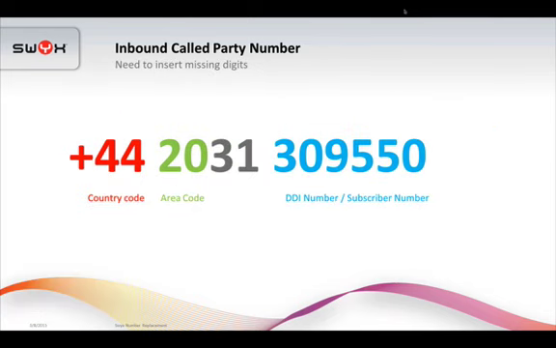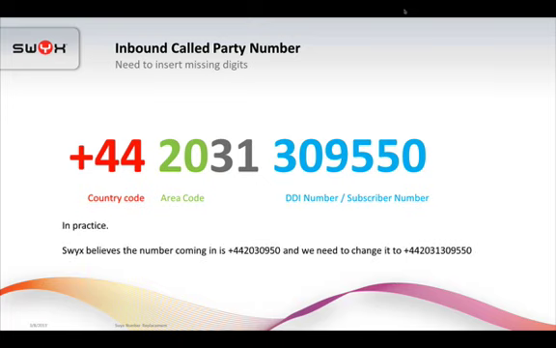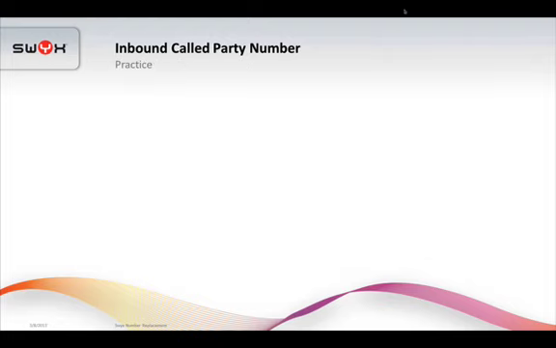We have to insert the missing 2 digits. That 31 has to be inserted, because what Swyx believes is being signalled to us is +44 203 0950. What our actual telephone number is 203 13 09550. So I need to insert those digits, and this is how we do it.